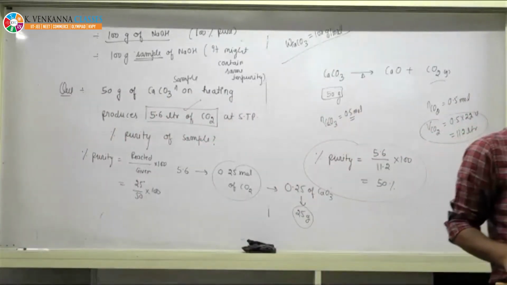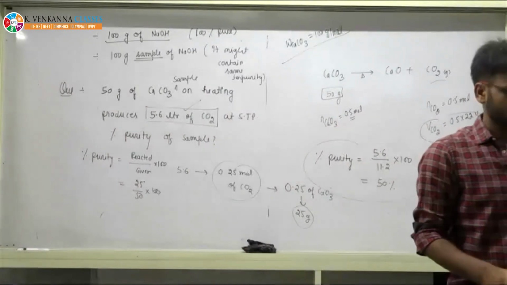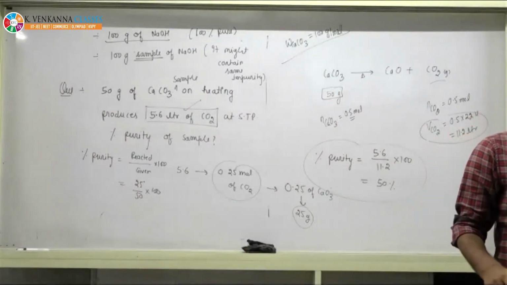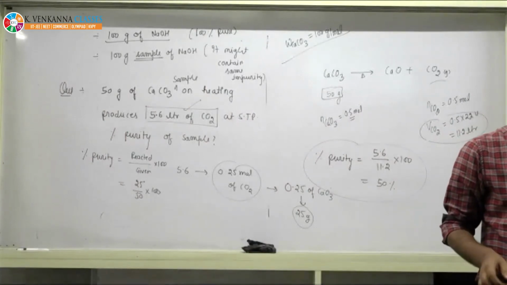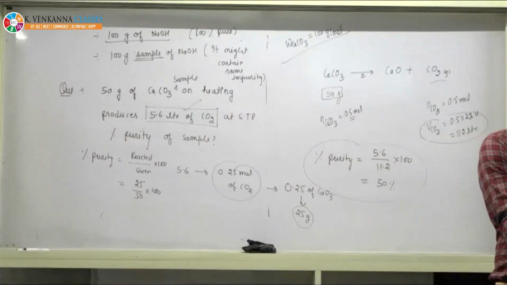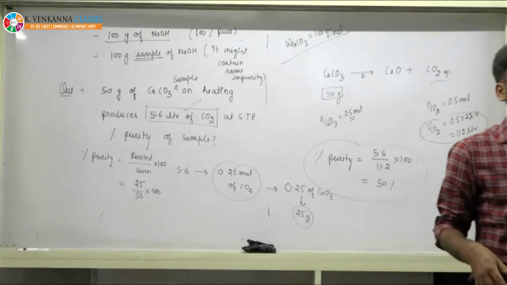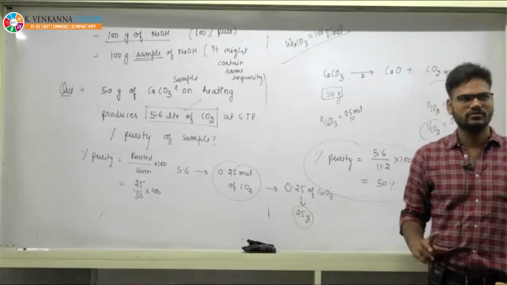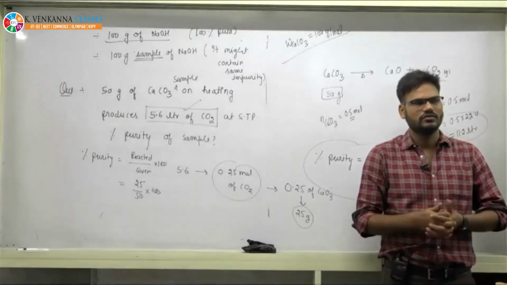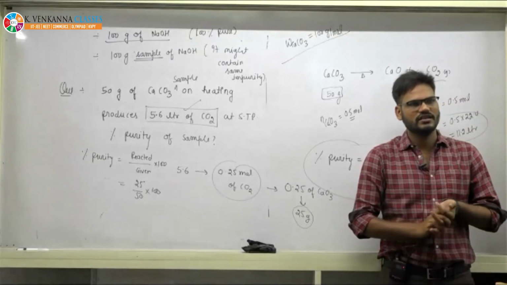So I think we should end our class here. If you have any doubt, you can tell me. I will repeat it. I have 1 minute. Any doubt, beta? In the next class, we will understand percentage yield, another concept.